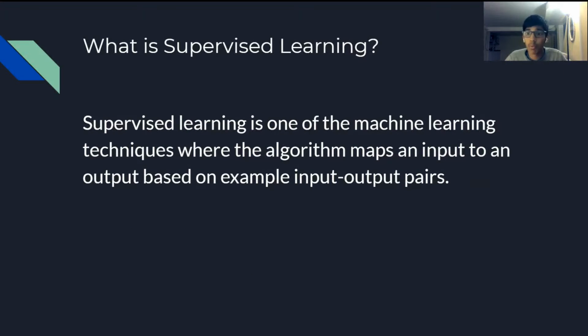Now I'm going to be talking about what supervised learning is. It's when you have a machine learning algorithm that creates outputs that are similar to what it was provided.